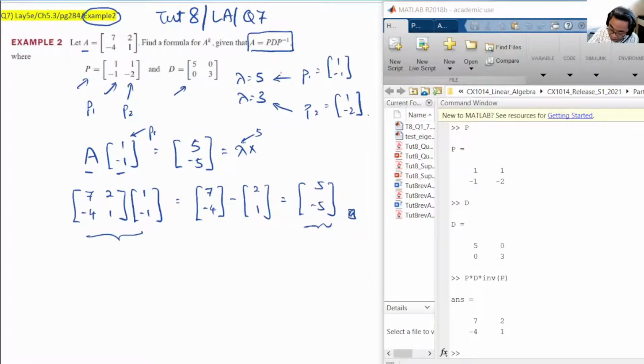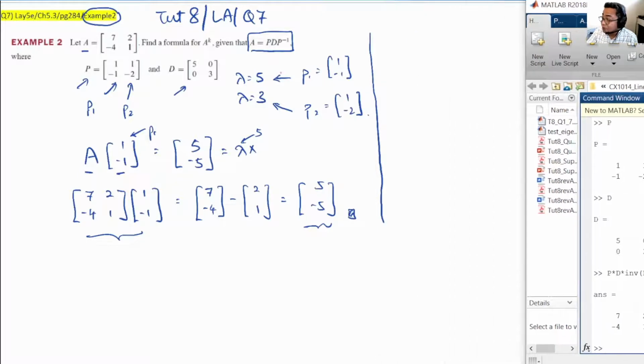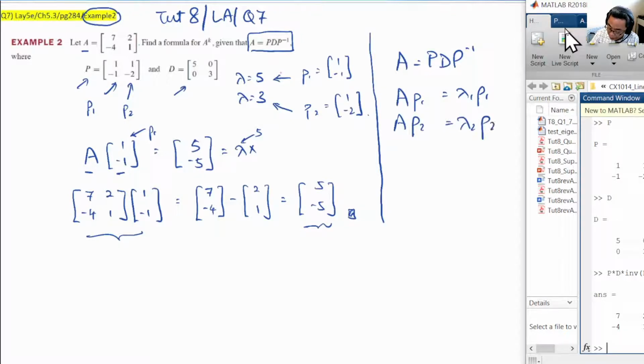Right, the other thing: when we are given eigenvectors and eigenvalues, we will often want to say that A equals PDP minus 1. Why is this so? Well, we start with A of P1 equals lambda 1 P1, and A of P2 equals lambda 2 P2.